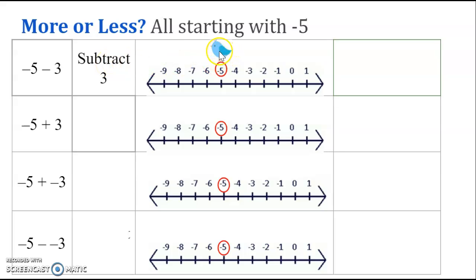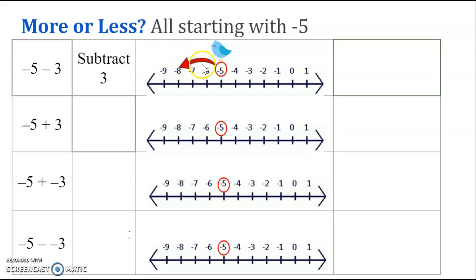It's going to be facing to the left, or the negative direction, where the numbers are going to get smaller. And because we're subtracting a positive number, it's going to hop 3 units to the left because it's going to go forward.